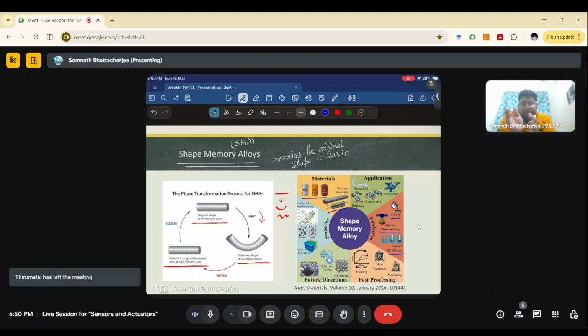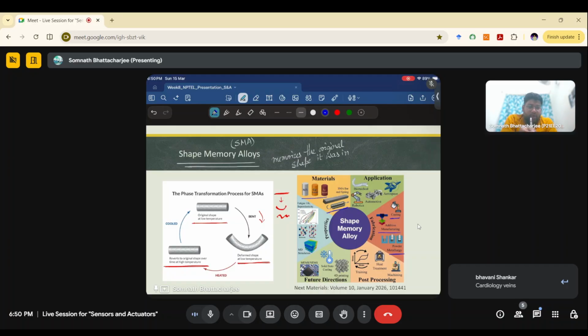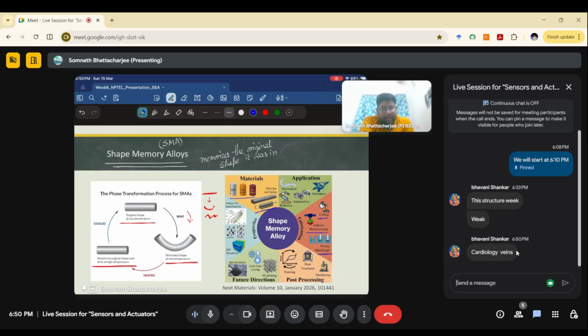In any kind of sensor, we'll use this bar and shape memory alloys, and we'll discuss that in the next module itself. And in this module we also had some demonstrations. But why do you think if we make a spring out of this shape memory alloy, it will be cardiology, veins, right? Nice. It's a more advanced answer, but it is nice.